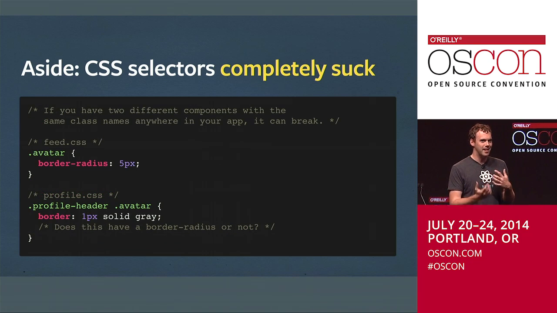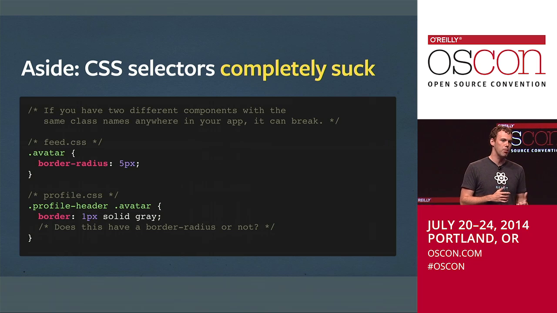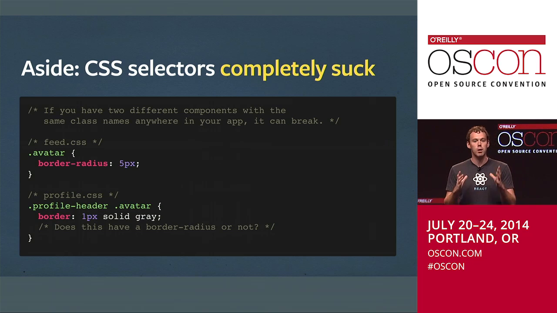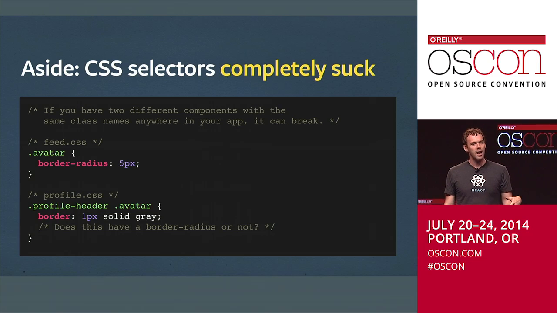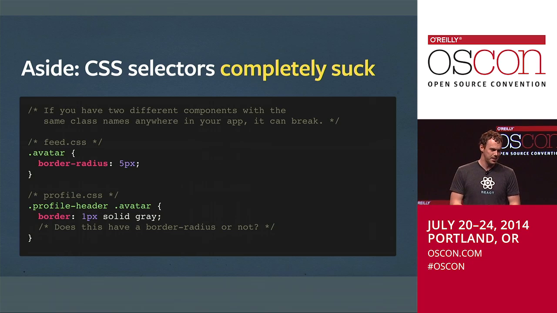Additionally, you can have conflicting class names, and that becomes a much bigger problem when you're loading all of these modules into one page, because CSS is one big, happy global namespace. Not so happy. So if we were to land on the feed, and the feed has one notion of what an avatar is, let's say it applies that border radius.